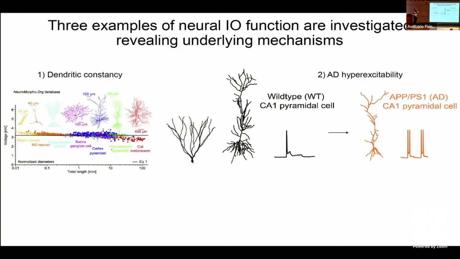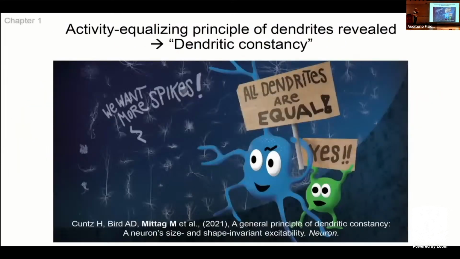Hyperexcitability is one of the hallmarks of Alzheimer's cells, and we try to explain which mechanisms lead to the pathology. And the third project is pattern separation, and that is very important in the hippocampus, as the hippocampus is partially responsible for memory function, and pattern separation, as well as pattern completion, are important parts of that memory function. Okay, these three parts, we start with the first.